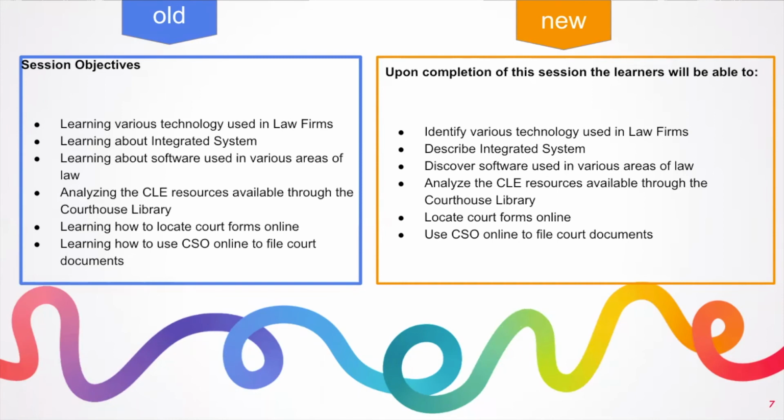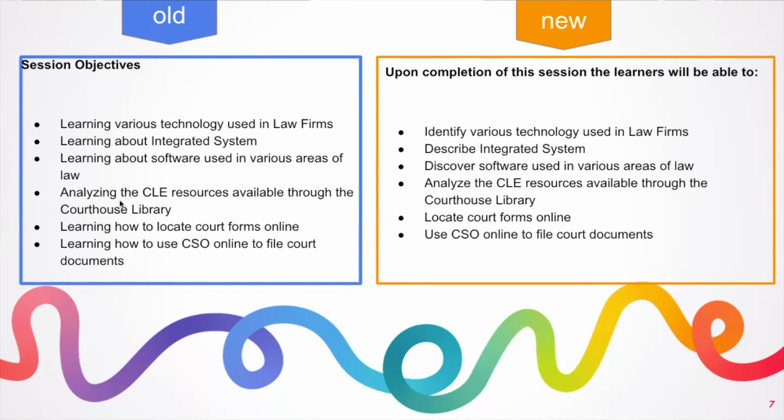And I modified it to identify various technology used in law firms. For learning about integrated system, let's say describe integrated system. For learning about software used in various areas of law, let's say discover software used in various areas of law.